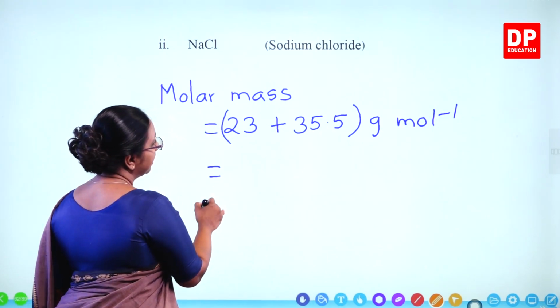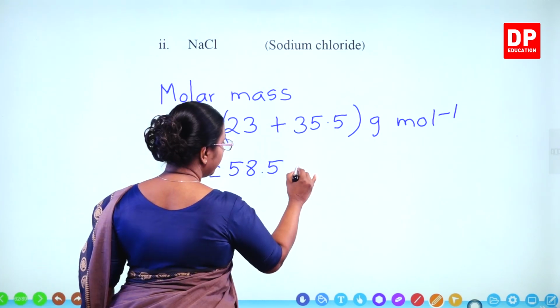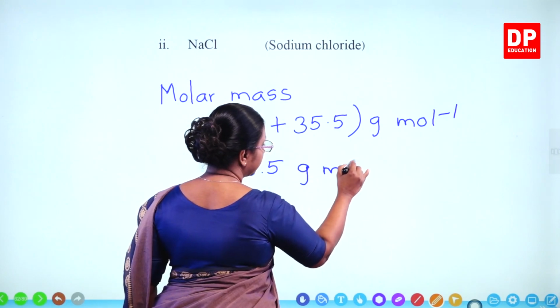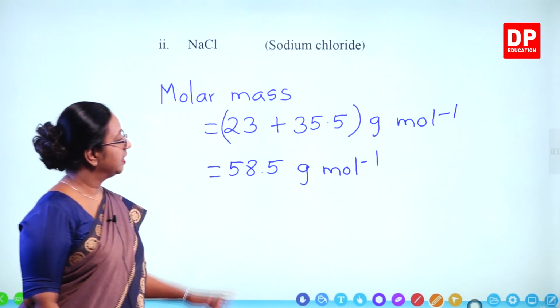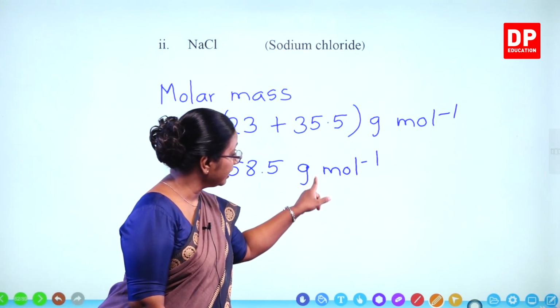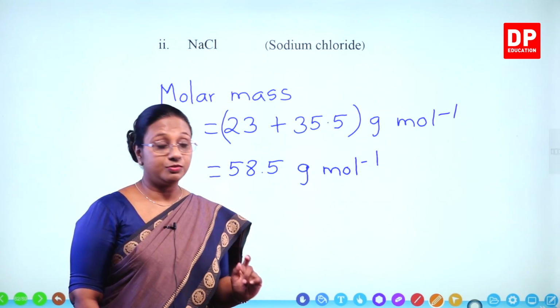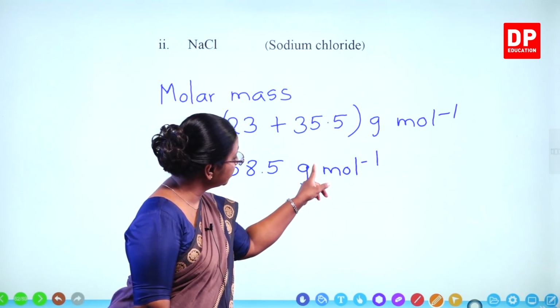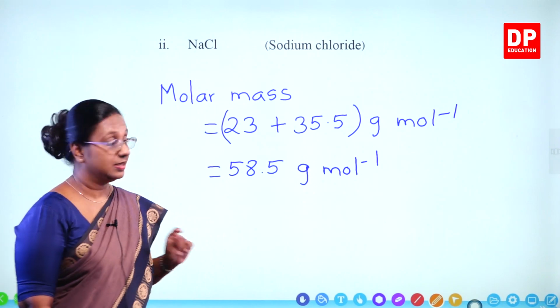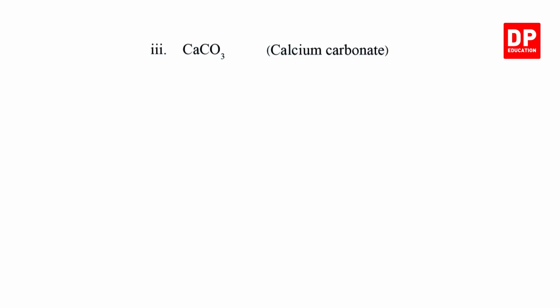So when you add them together, it will be 58.5 grams per mole. That is the unit. You know why I leave a space here. That is how you are supposed to write the units. Between two units, you need to have a space. So then, the next one, calcium carbonate.